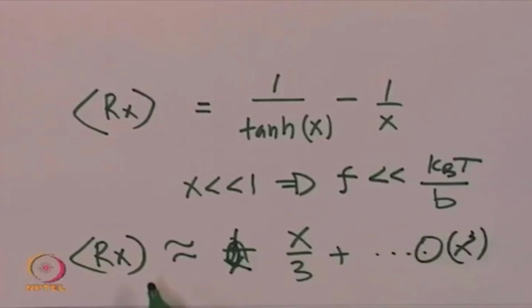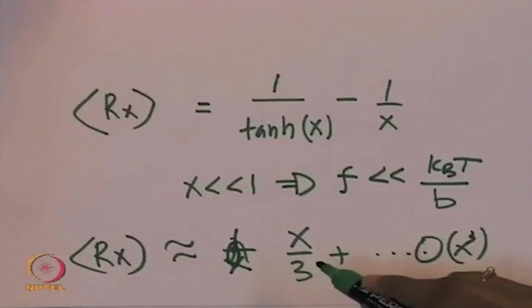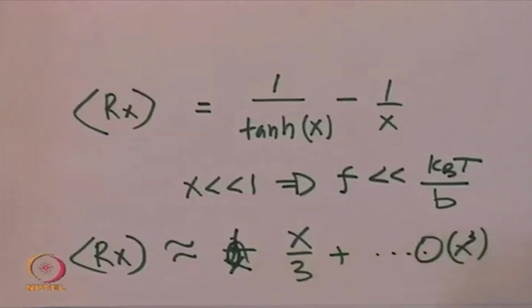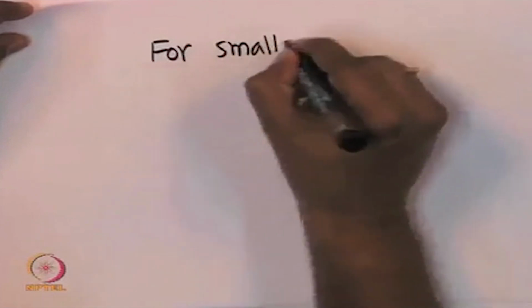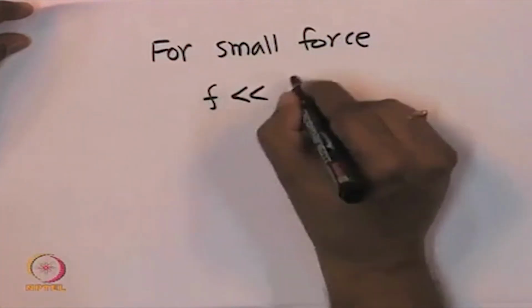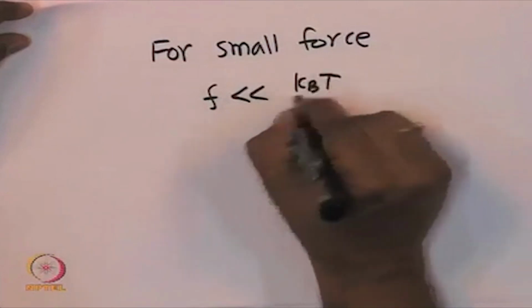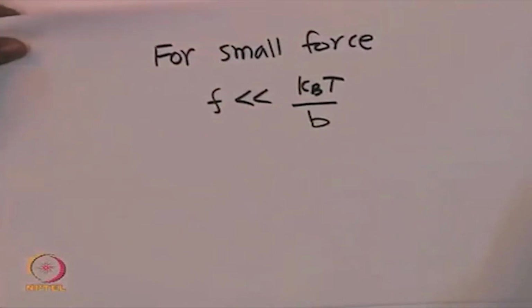So, what does it say? For a small force, the extension in x is basically f b by k_B T. So, let us write this for small force, that is when f is much smaller than k_B T by b, where b is the monomer length, the size of a single subunit.